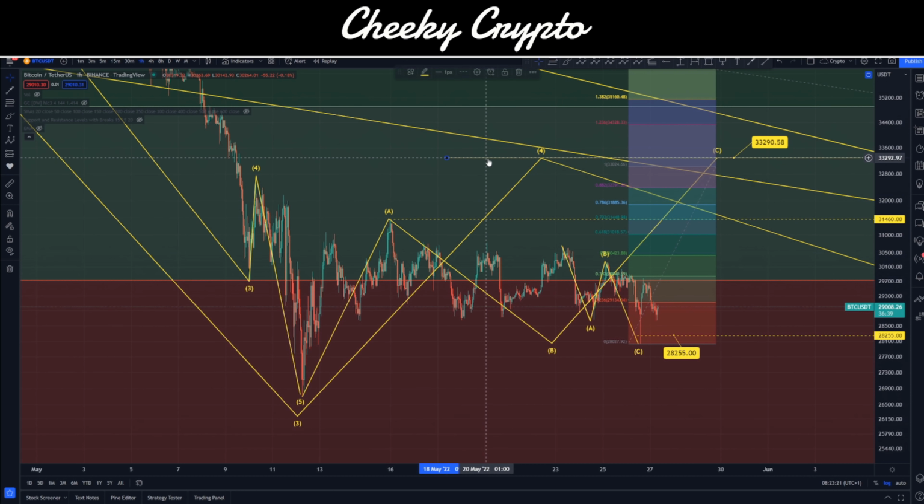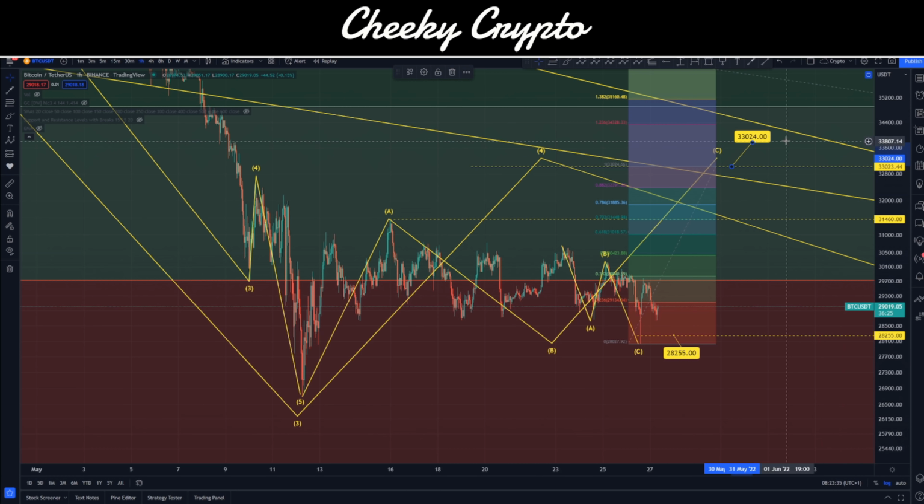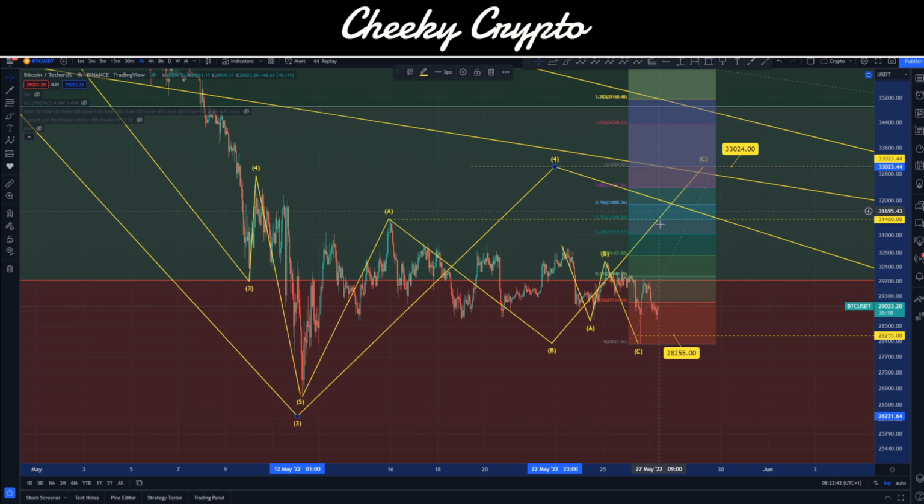Ever so slightly adjusting just according to these refinements that we're making. So I can go ahead and move this down. And what I'll do is I'll just change that into 24 coordinates. There we go. Okay, so that's our target there, changing ever so slightly. That's the top of our 4th wave approximately.